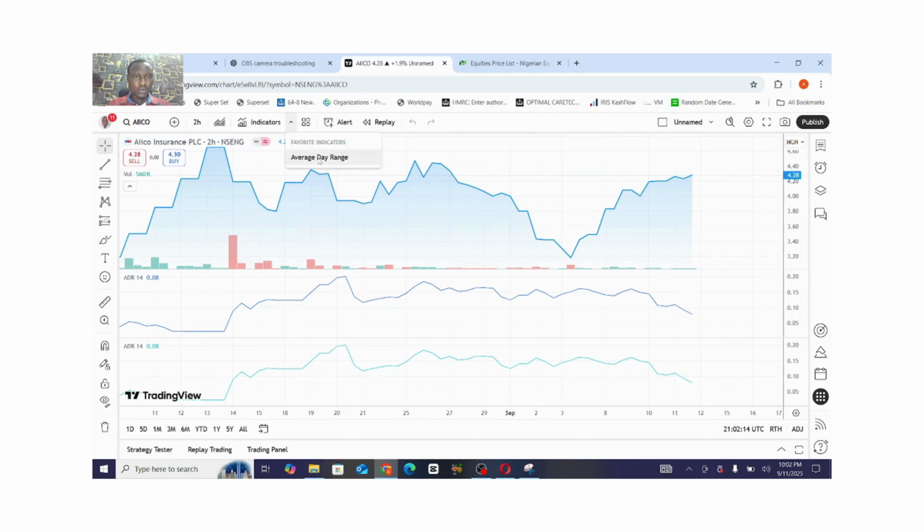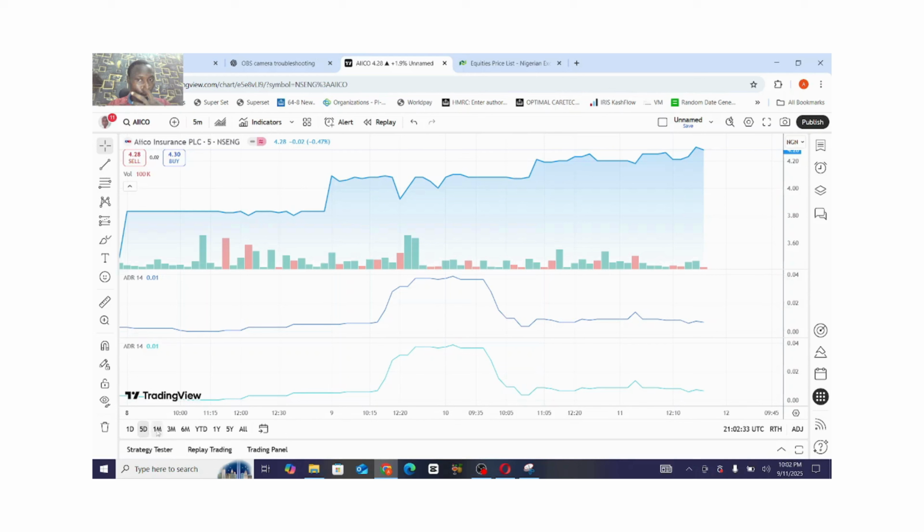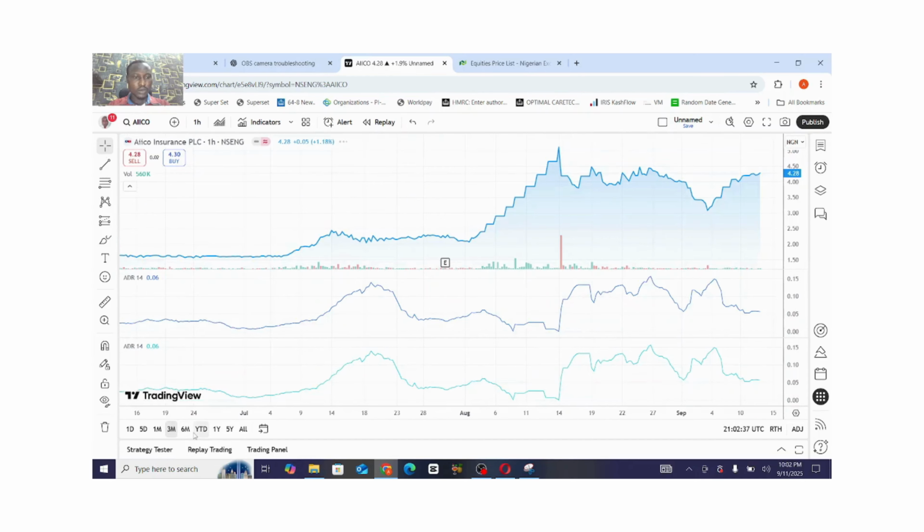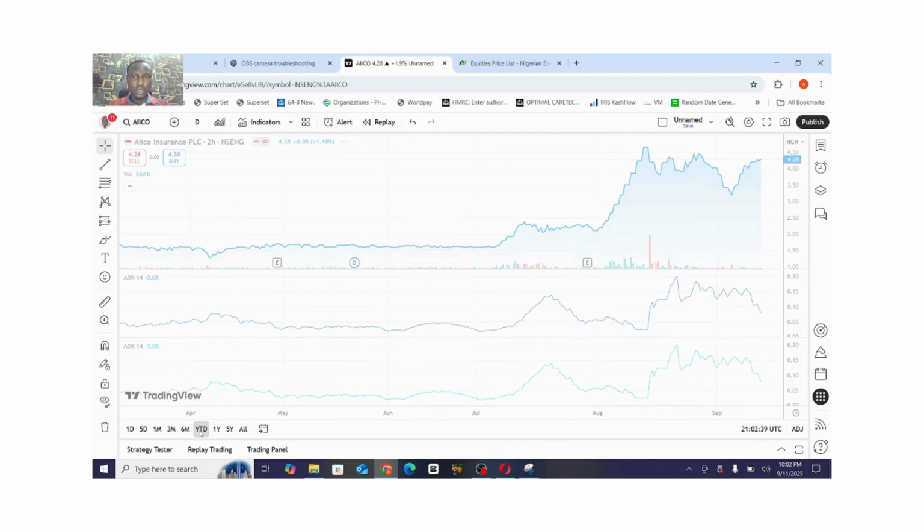We have average day range, and of course, this is the volume right here, the volume of buy and sell. Okay, so you can look at a 5-day trading period, you can look at 1 month, 3 months, 6 months, or year to date.